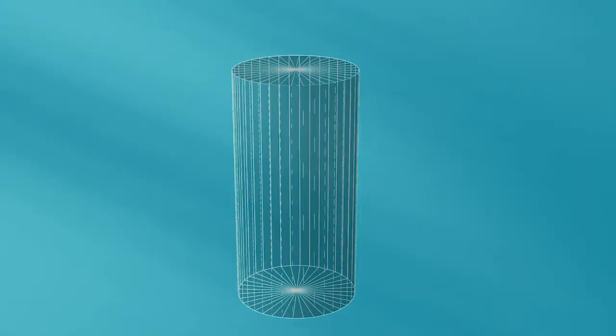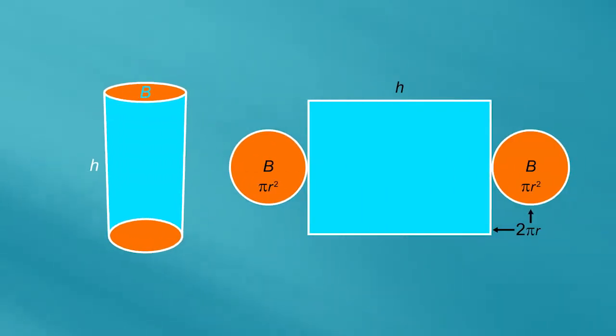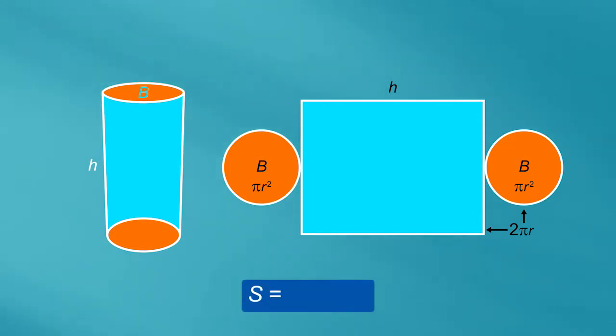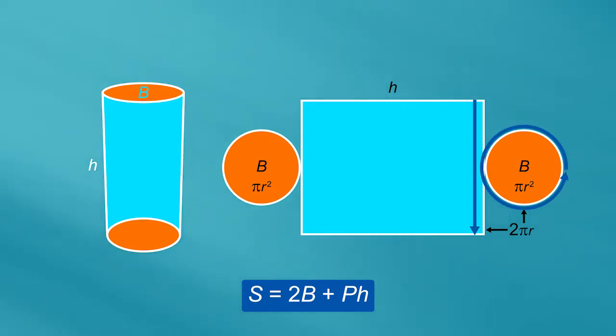The surface area of a cylinder follows the same principle, as you can see by the net. To find the total surface area, you take 2 times the area of the base plus the perimeter of the base times the height. The formula for a circle's area is pi r squared, and the perimeter of the base would be the circumference of the circle, which is represented by 2 pi r.